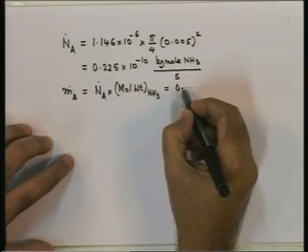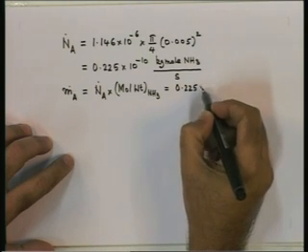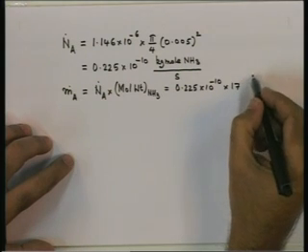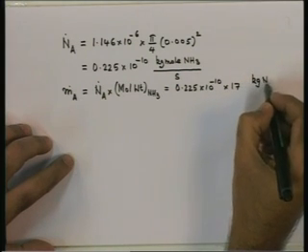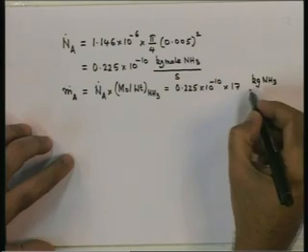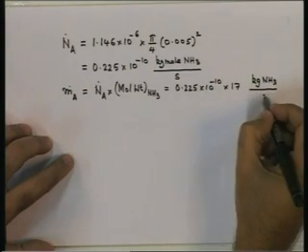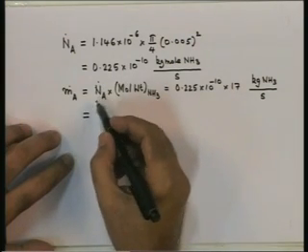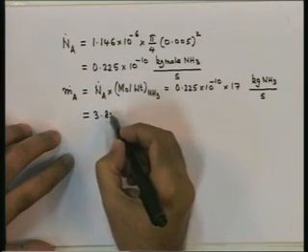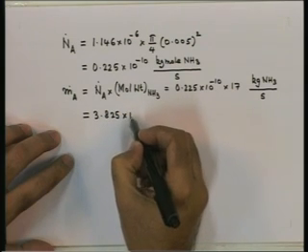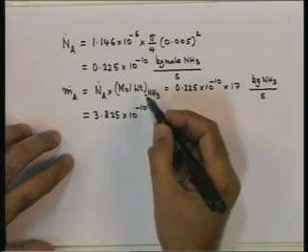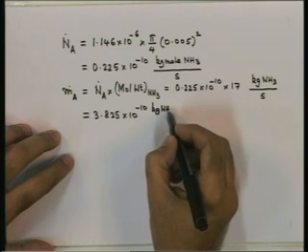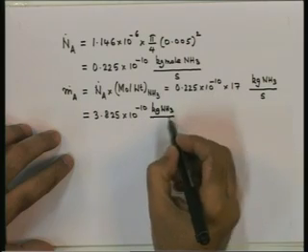So, this will be 0.225 into 10 raised to minus 10 multiplied by 17. The answer will be in kilogram of ammonia per second, and this answer turns out to be 3.825 into 10 raised to minus 10 kilogram of ammonia per second.